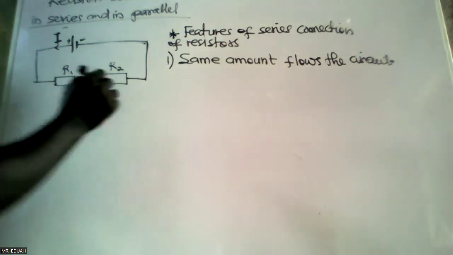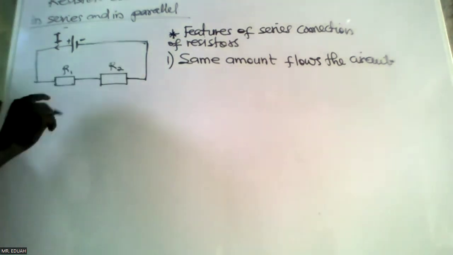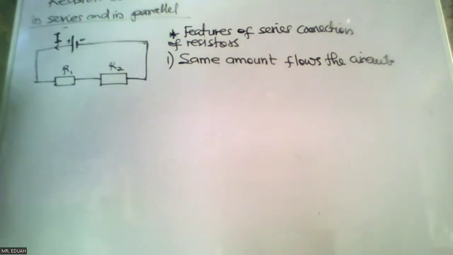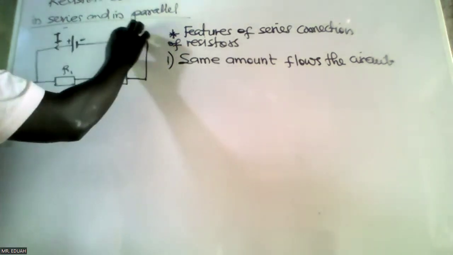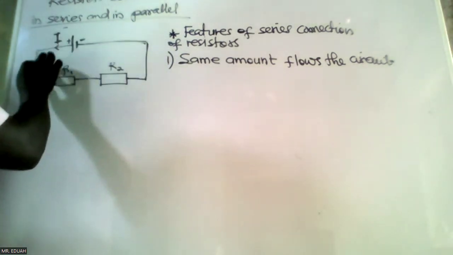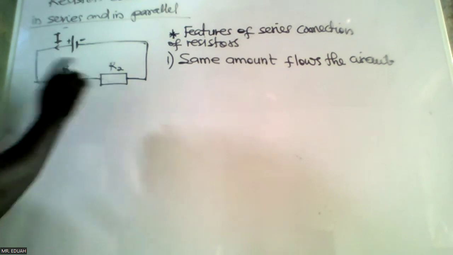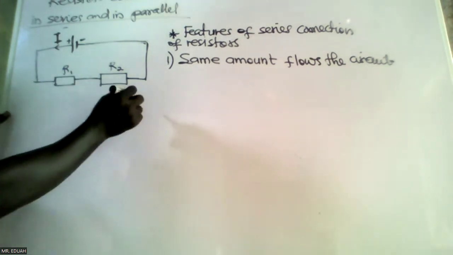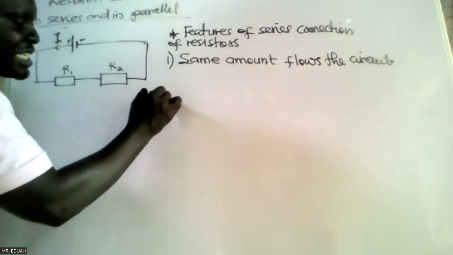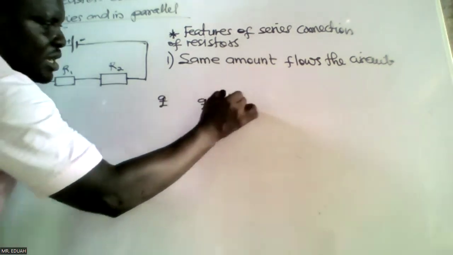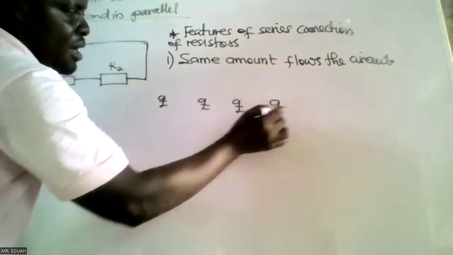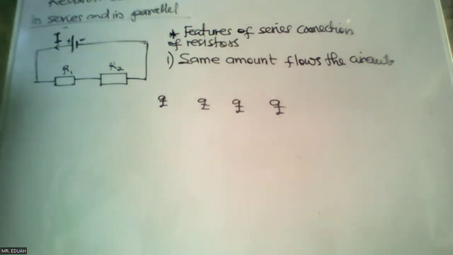You see, current is the rate of flow of charges. The same conductor wires, meaning this source just pushes the charges that are free.